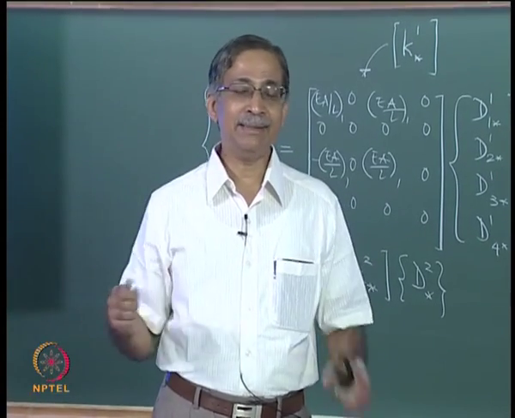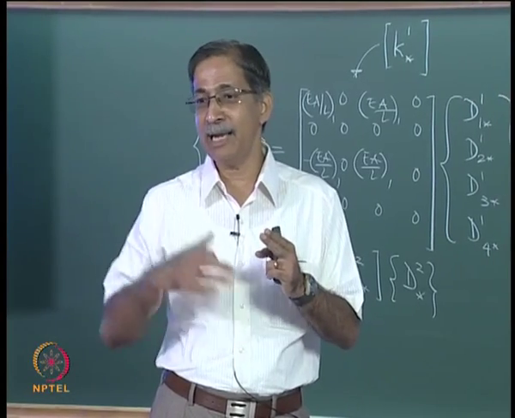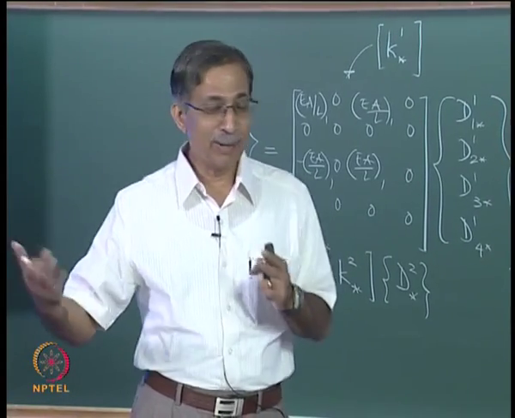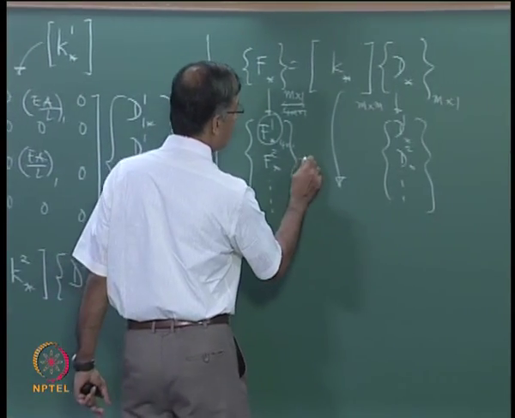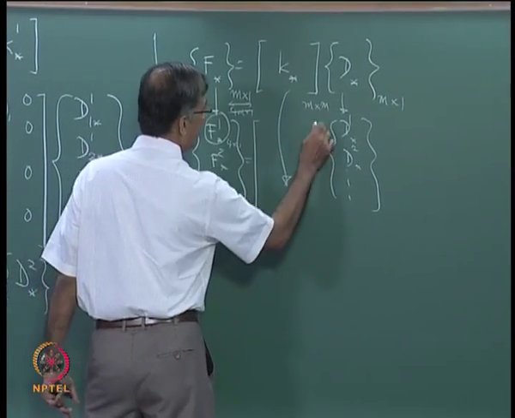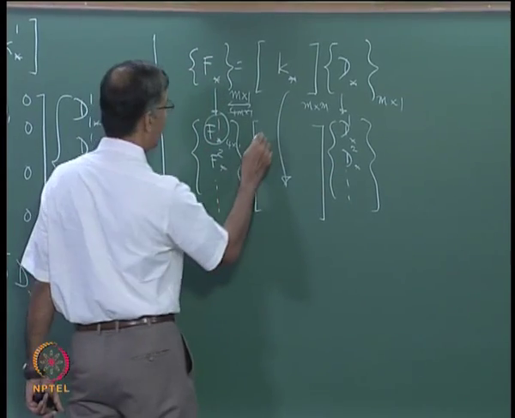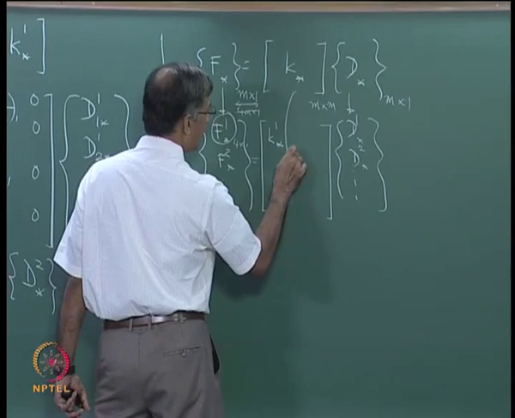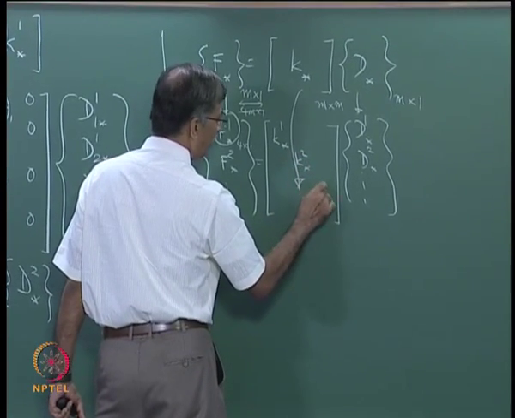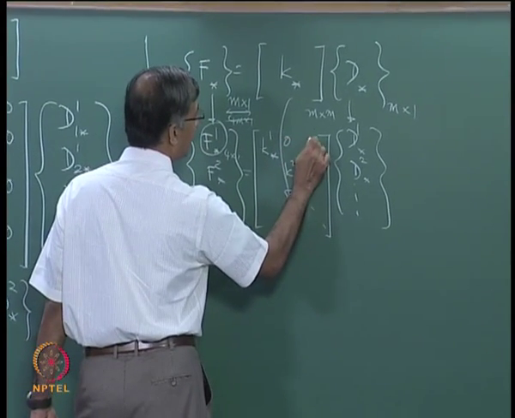Wonderful. See, the element stiffness matrix for one element has no relationship with the element stiffness matrix for the other element. So if you really want to put it in a matrix form, there's only one way you can put it. This will be a diagonal matrix where you have K1 star here, K2 star there, all the way here, and you have zeros everywhere else.